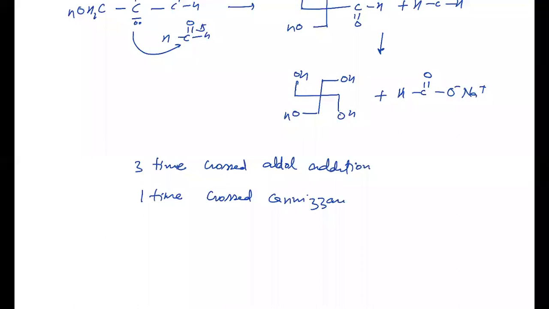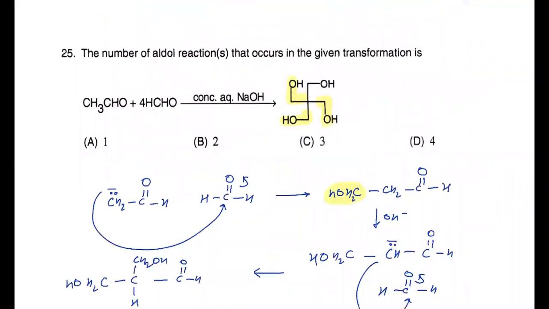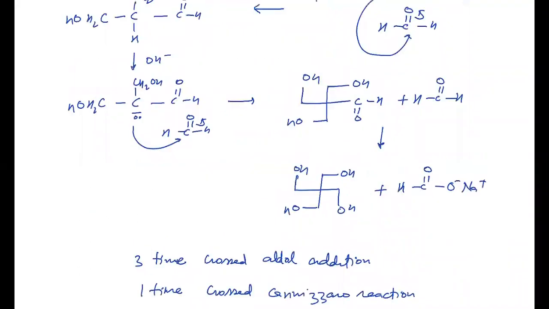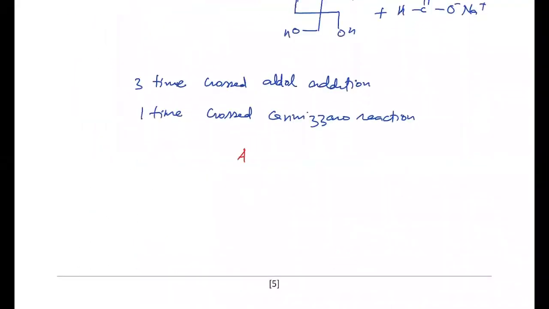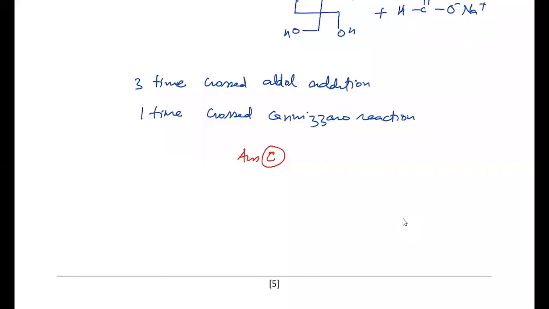Clear? So as per the given options, your answer must be C, because we have performed 3 times aldol addition reaction. So the answer over here is C. Just check it carefully. If you have any confusion, just ask. Now move to the next question.